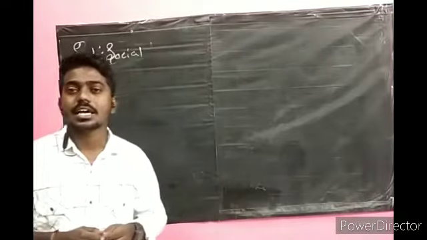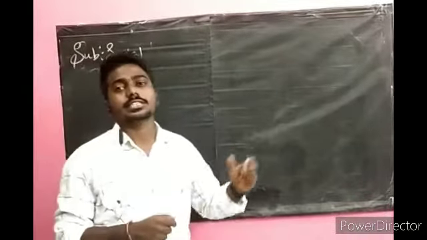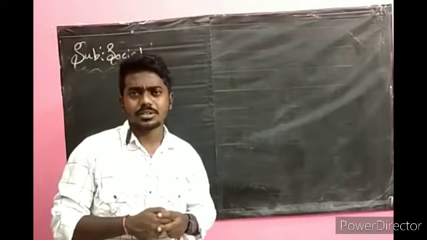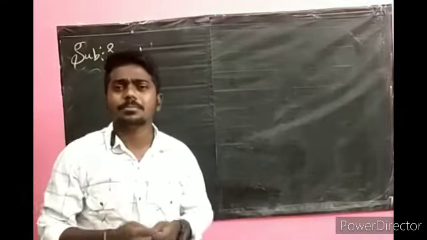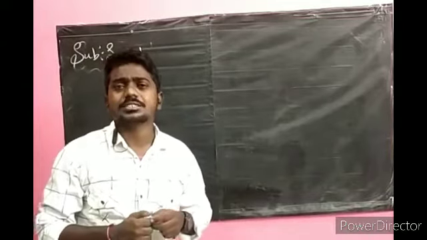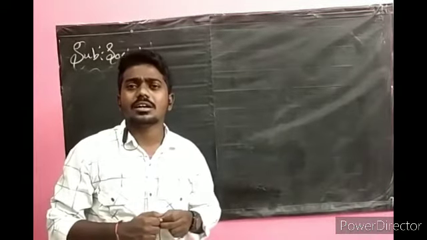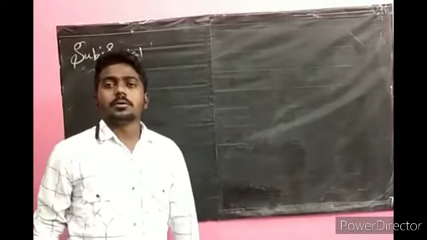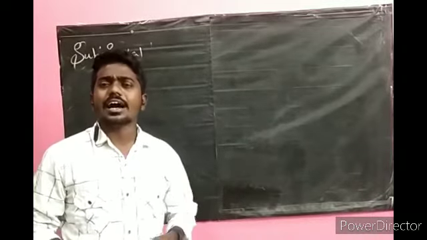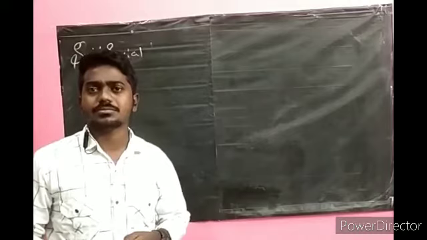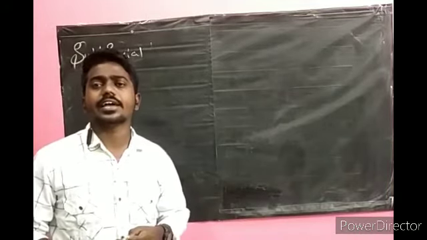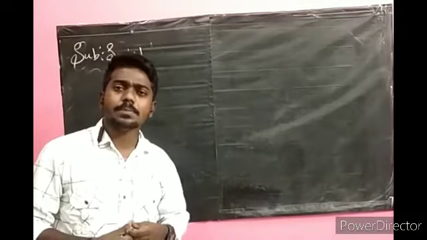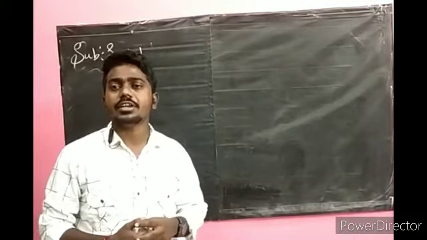Come to the next, showing heights on a map. How can we show heights on a map? Yes, we can show heights on a map by using different colors and different height zones. With height zones, we can calculate the height of any place in a given map.